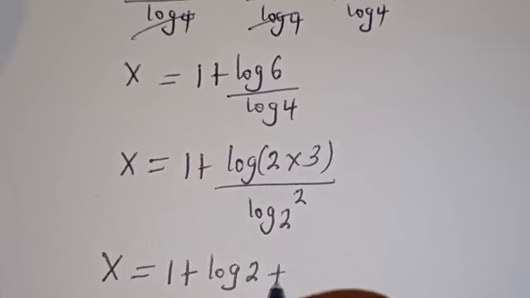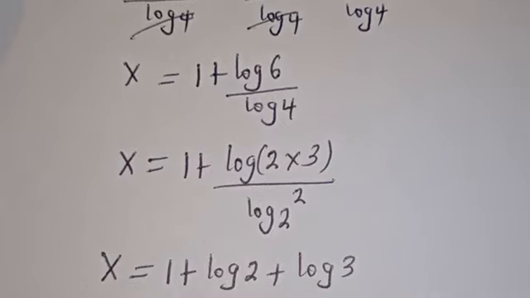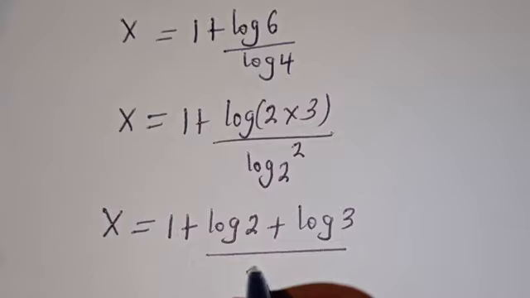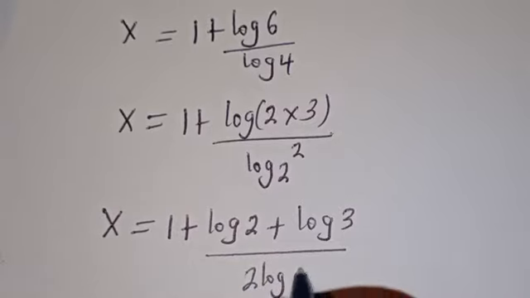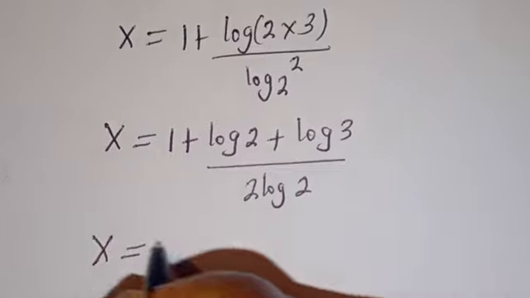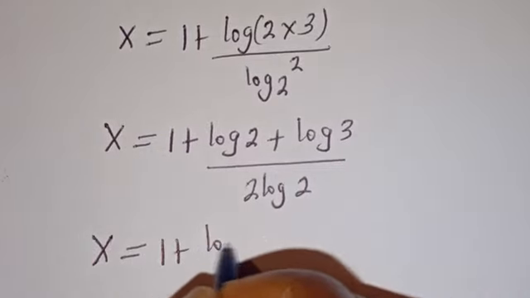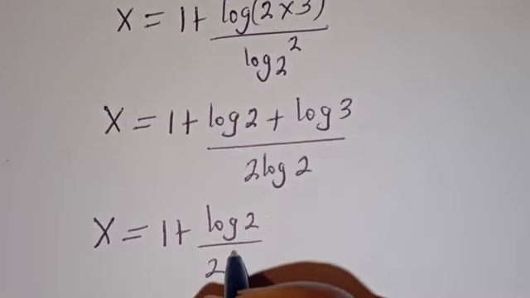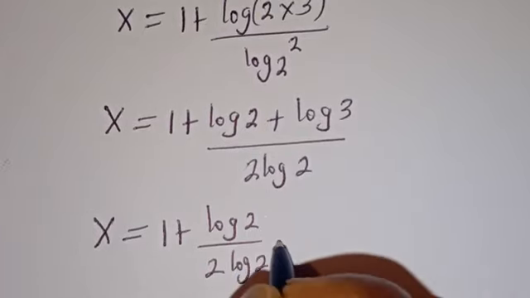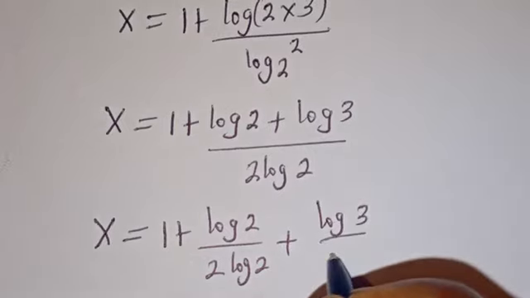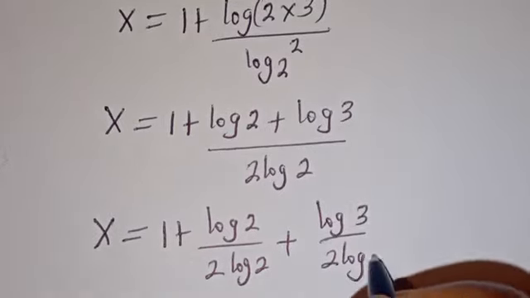log 2 plus log 3 divided by this, which can be written as 2 log 2. Then x is equal to 1 plus log 2 plus log 3 divided by 2 log 2.